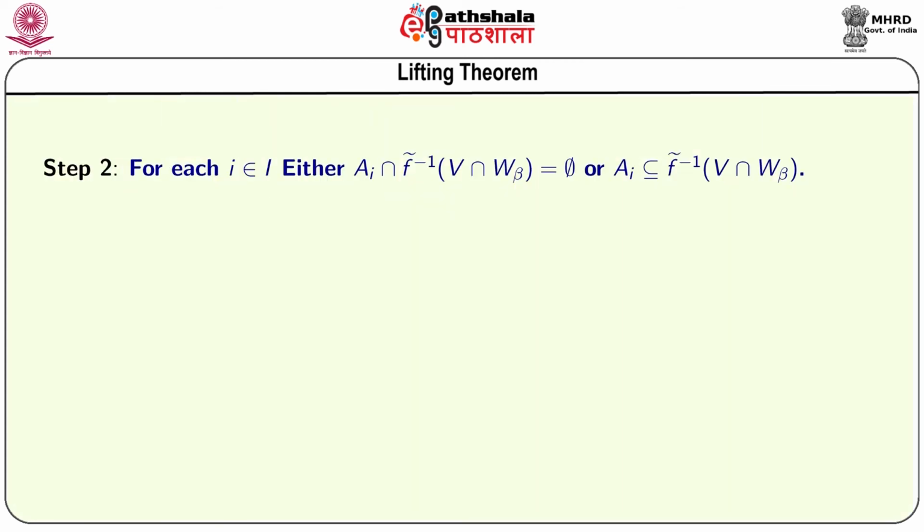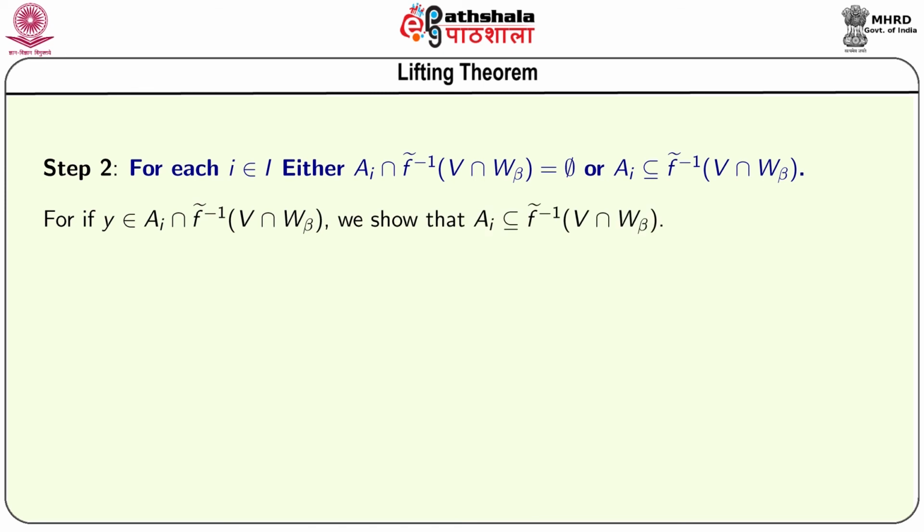Now, step 2. For each I, we shall show that either F tilde inverse of V intersection W beta does not intersect with A I, or A I is totally contained in F tilde inverse of V intersection W beta.